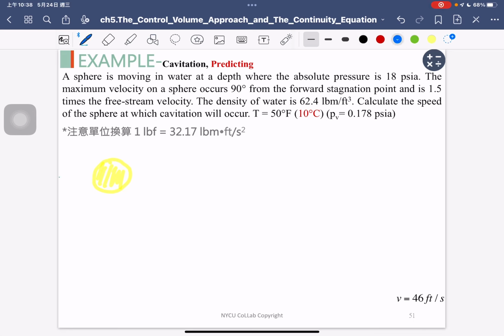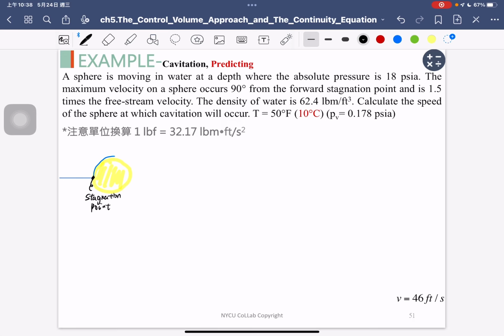So this is my streamline here, and when the streamline touches the ball, it goes along the ball surface to here. So as you remember, the point here we call the stagnation point, right? 停滞点. Okay? And at the stagnation point, the velocity equals 0.